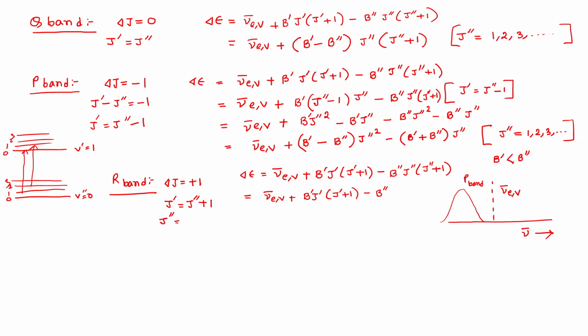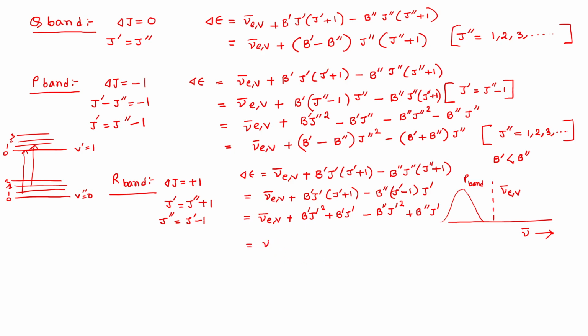J double dash is J dash minus 1. So J dash minus 1, and this is going to be J dash. If I again break it down, B dash J dash square plus J dash minus B double dash J dash square plus B double dash J dash.